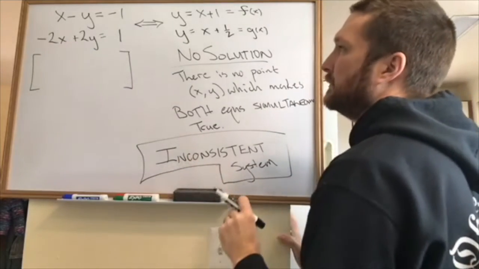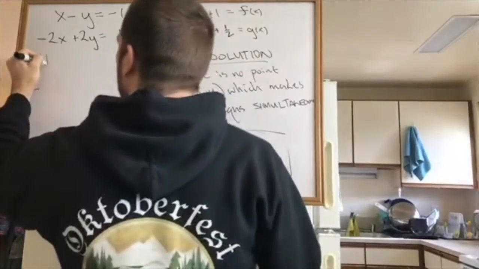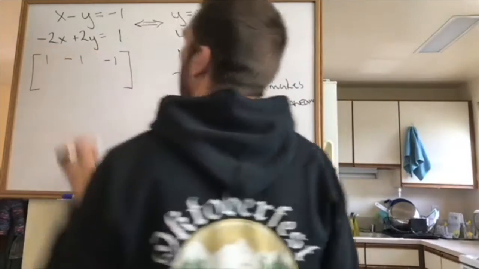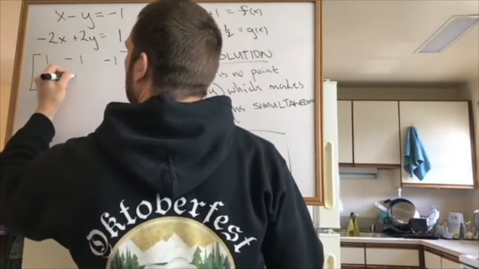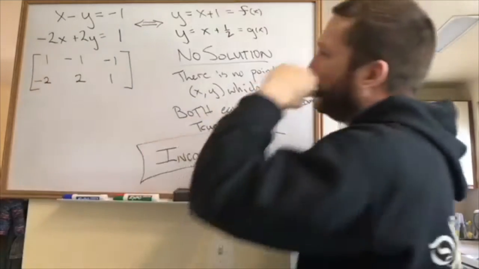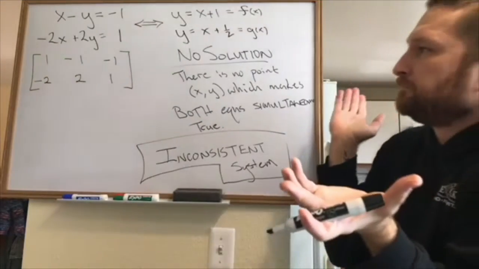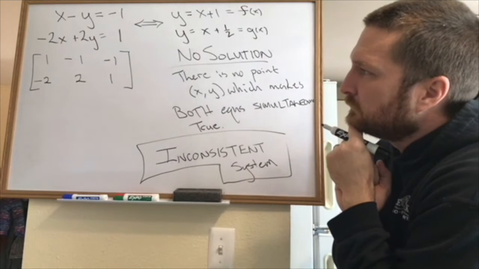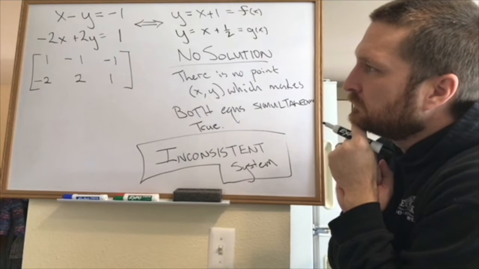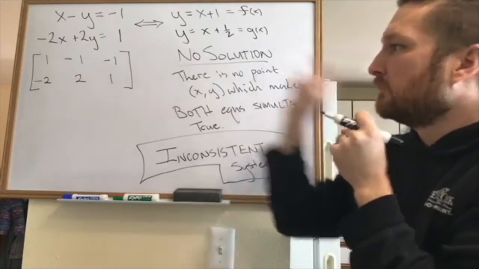1, -1, -1. And then -2, 2, 1. Okay. Now what do I do? Make -2, 0.